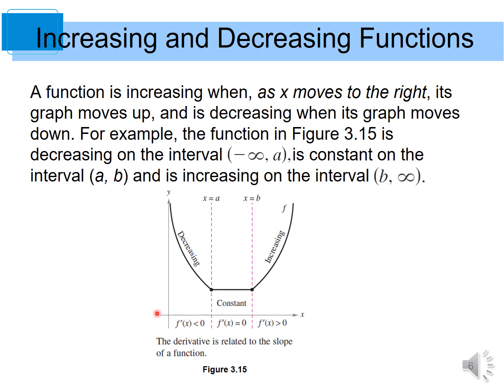This is a point, and is constant on the interval AB. This is the interval AB, and this is point B, and is increasing on the interval from B to infinity.